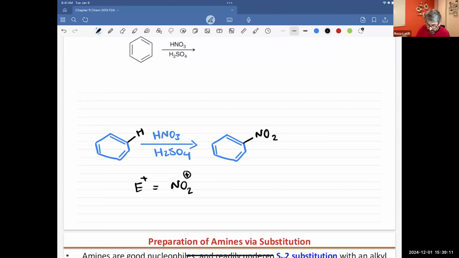Next step, if we take this species and run a reduction process, we can turn it into something like this, NH2. So that's another method to produce a primary amine, by using nitration.